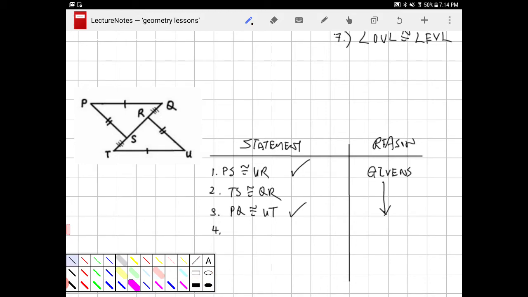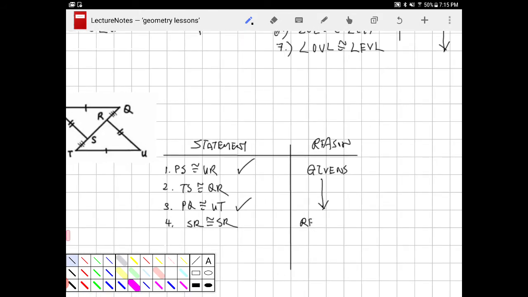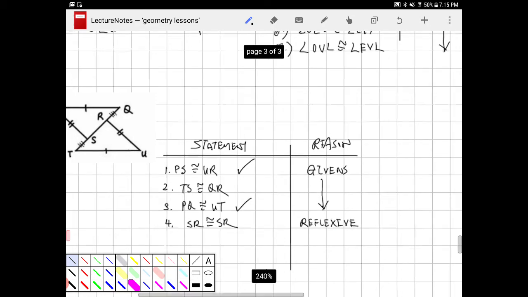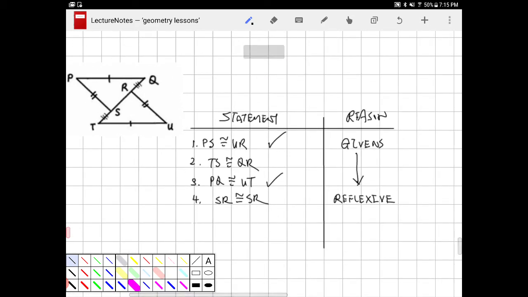So one thing that we have to do is say that SR is congruent to SR, and this is because of reflexive. So because SR is congruent to SR, and I know that TS is congruent to QR, I immediately recognize that the following must be true.